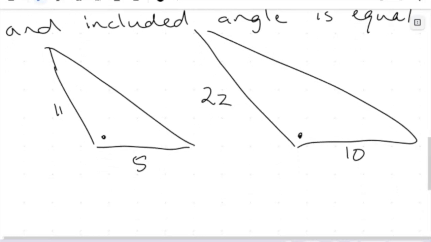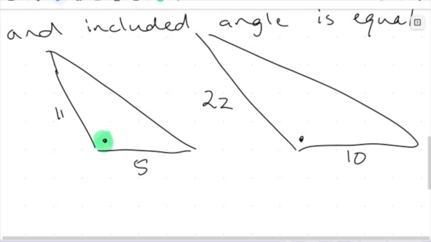But here I can see the included angle is equal, and if I look at the corresponding sides, this side to this side, 22 here, now you can write it out working out with your scale factor as well. So the scale factor is going to be the image over the original. 22 divided by 11 gives me 2, and 10 divided by 5 gives me 2. So I have enough to say, because I have two sides in proportion and the included angle, that these two triangles are similar.